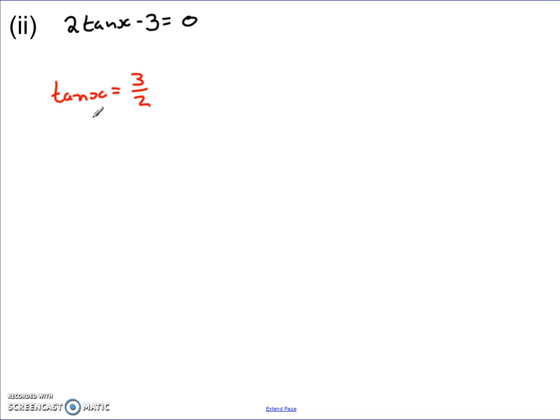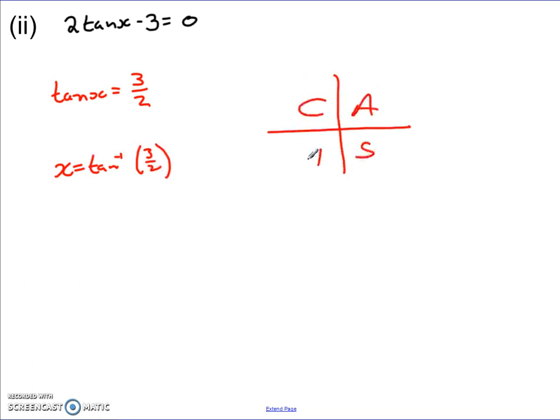So in order to get this, we want x equals tan minus 1. It's a positive one, so it's tan minus 1 of 3 over 2, but we need to determine where our solutions are going to be. So again, jump in with the CAST diagram. It's positive, so it's going to be in the A and in the T. You can find the solution in one and then use it to get the solution in the other. Doing tan minus 1 of 1.5 gives me 56.3099, and then a spiel of stuff going on.